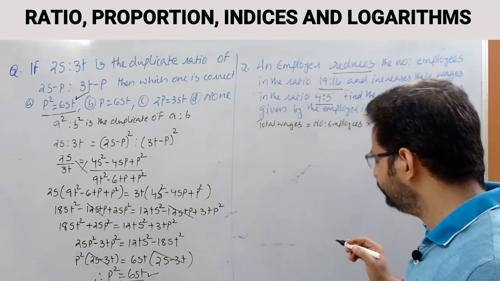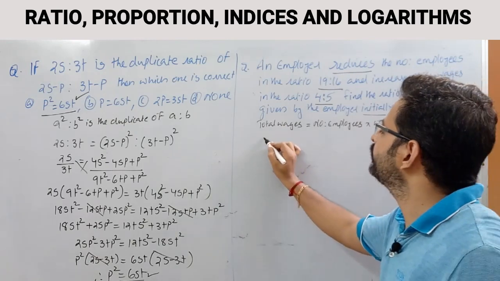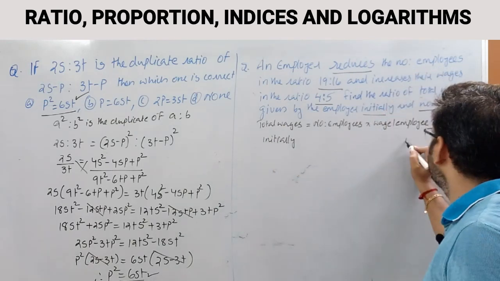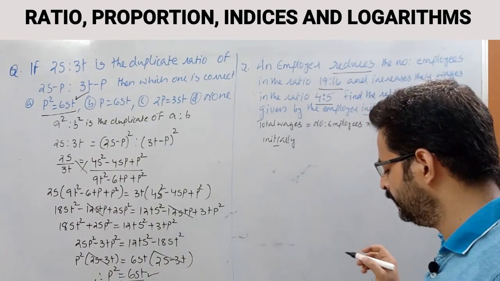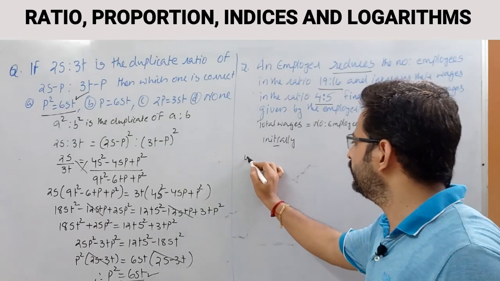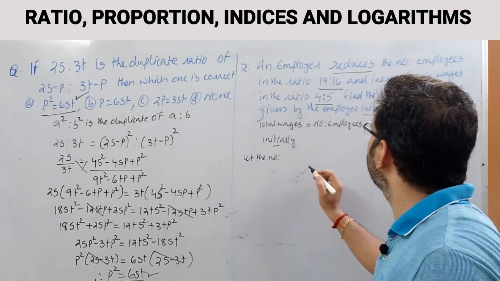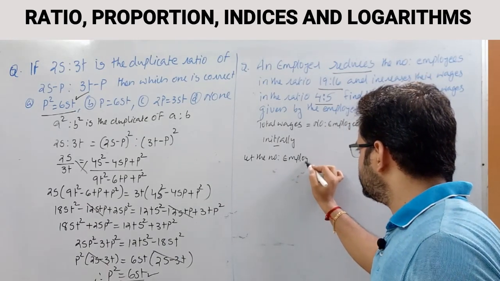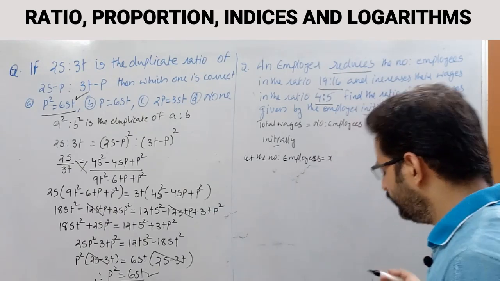Then considering the two parts, initially and now. Initially, let the number of employees be equal to x.